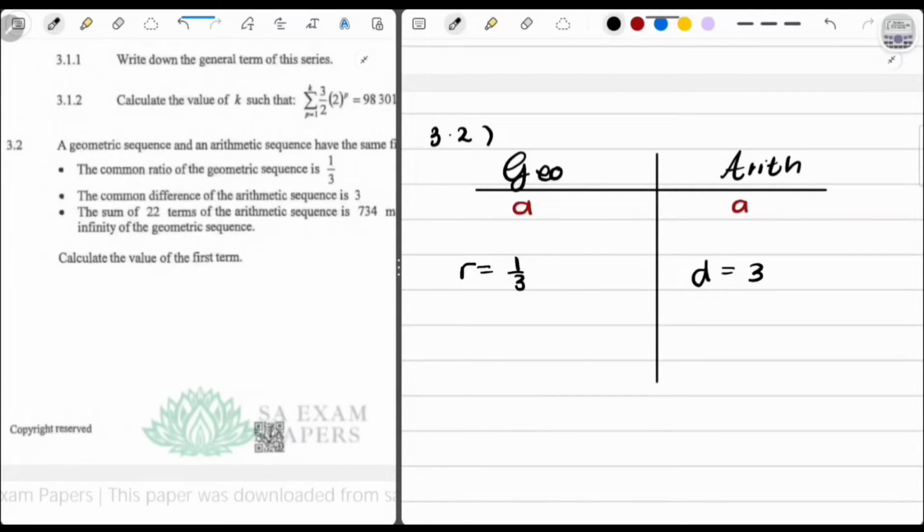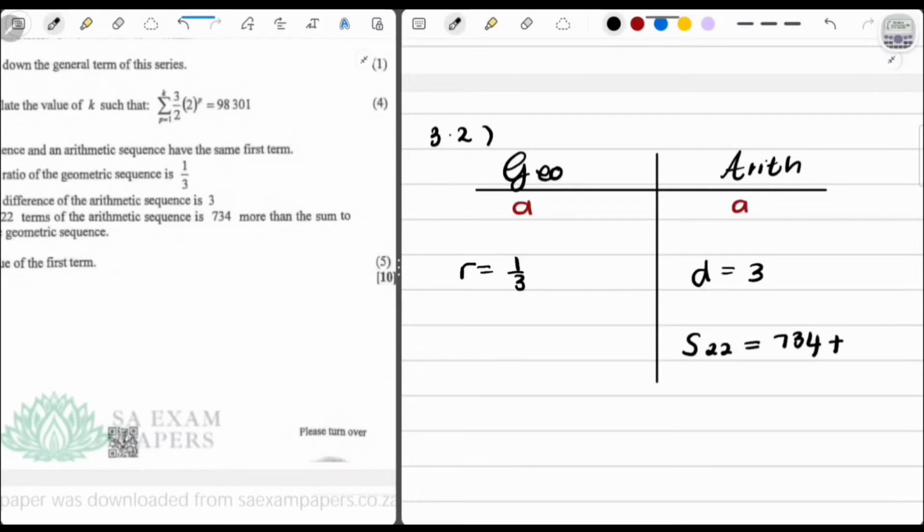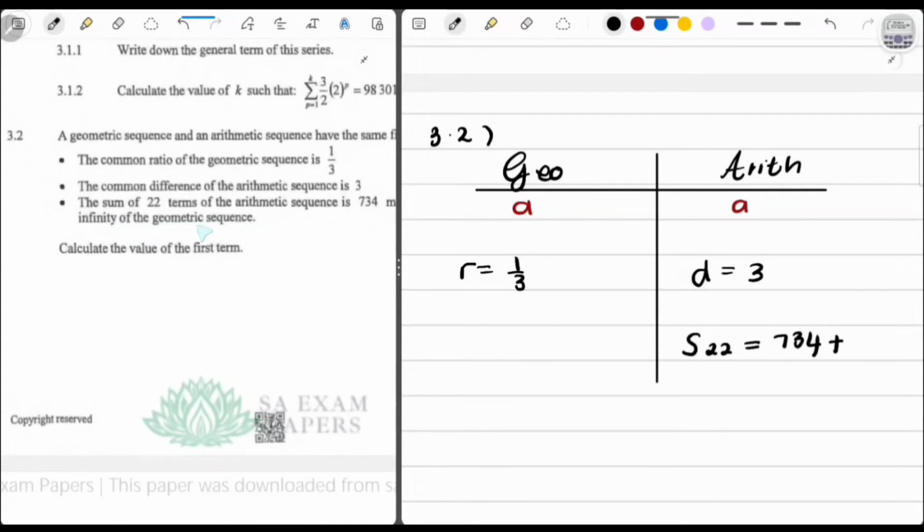Let's break that down. So, the sum of the 22 terms of an arithmetic sequence. So here we have the sum of 22 terms. That's what we're speaking about, right? The sum of 22 terms of an arithmetic sequence is 734 more than whatever the sum to infinity of the geometric sequence is.